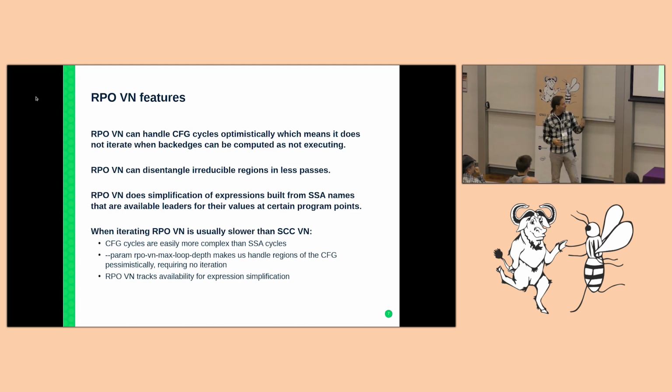So iterating mode is usually slower than the old implementation. I did add a param to limit the maximum loop depth it would consider handling optimistically. I think I set it now at 7, which doesn't help this single Fortran file.